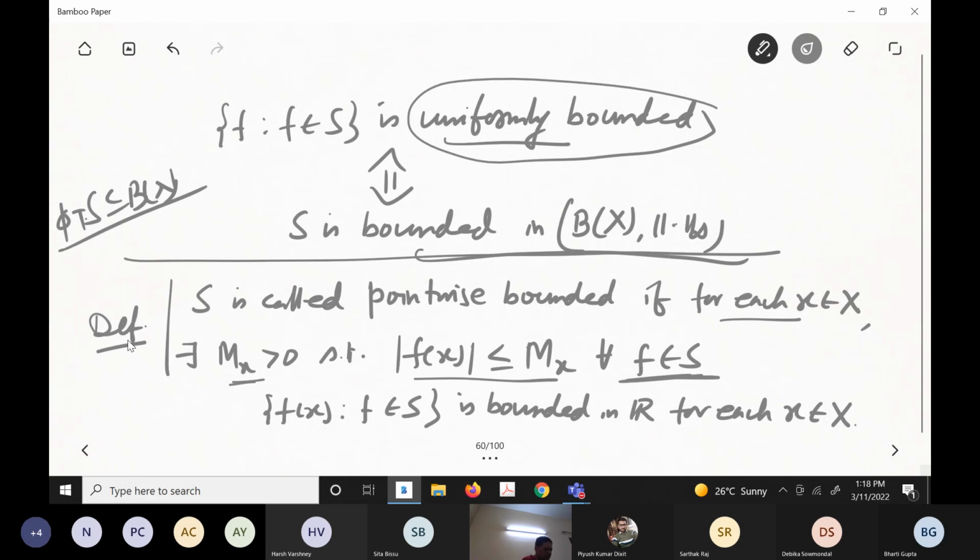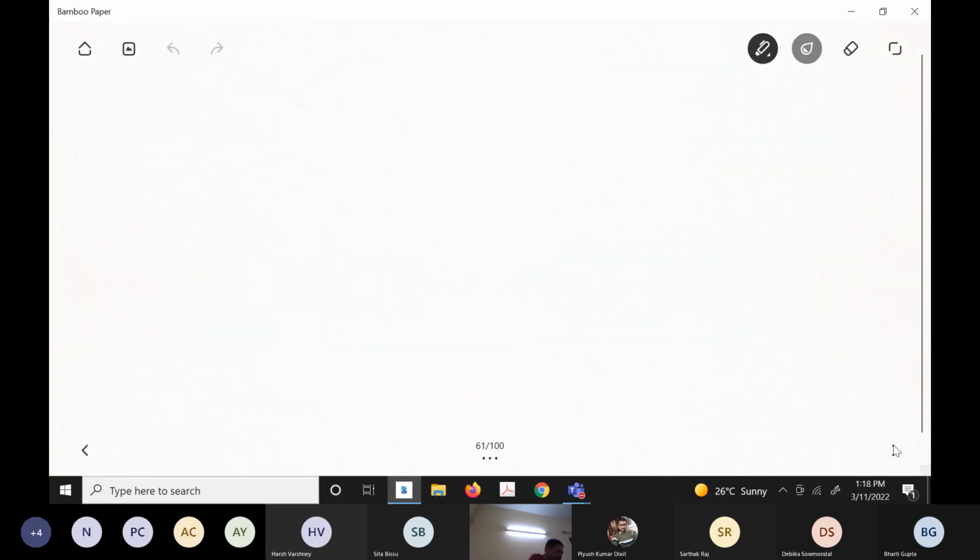This is called pointwise bounded if for each x belongs to this. So you can easily check that if it is uniformly bounded, it will be pointwise bounded, like uniform convergence implies pointwise convergence. So if you have this, then the result, a simple proposition, you can prove that.